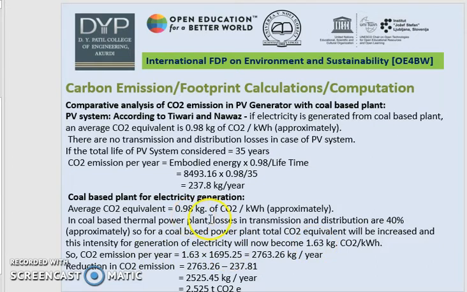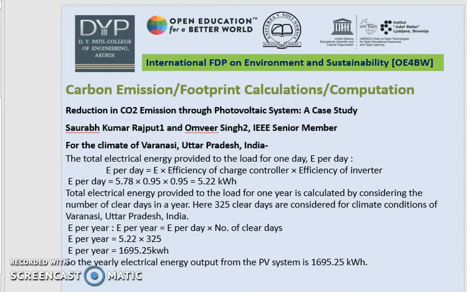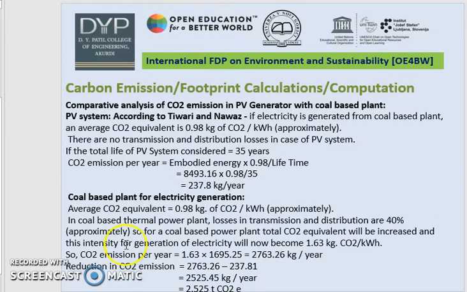So 0.98 has increased to 1.63 because of this 40% addition of transmission and distribution losses. So CO2 emission per year is 1.63 into 1695.25 kilowatt hour, which we have calculated here. We get 2763.26 kg per year.